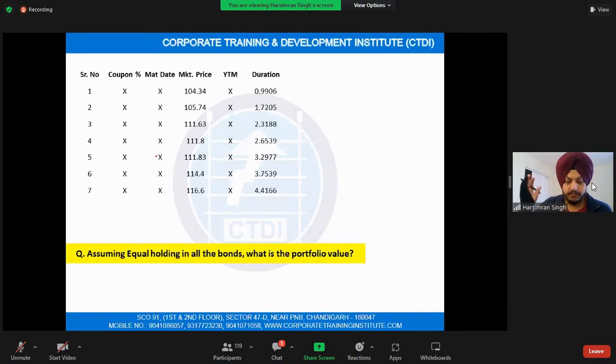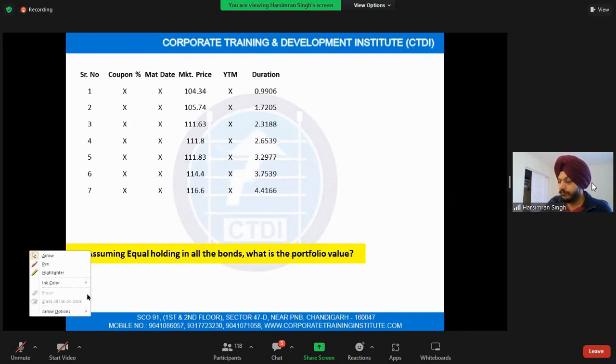So the first question was, assuming equal holding in all the bonds, what is the portfolio value? Let us say Madam Deepti holds 1 bond each of these 7 bonds. What is the value of Madam Deepti's portfolio? Can I say total market value? If Deepti Madam has 1 bond worth 100 rupees, what is the value of her portfolio? 100 rupees, the market price. So find out the total market price of this portfolio.